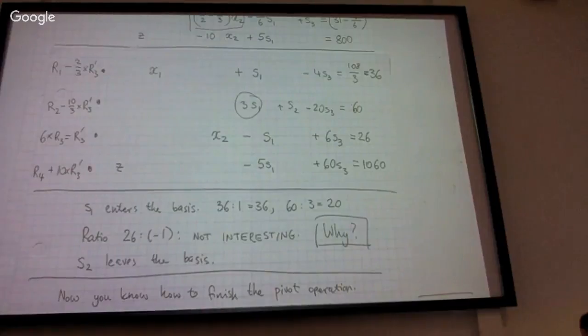Namely, we won't be writing a system of equations all the time, because we don't want to keep writing x1, x2, s1, s2 all the time. Instead, we'll just be writing the coefficients, the numbers in the system. You can think of it as matrices.